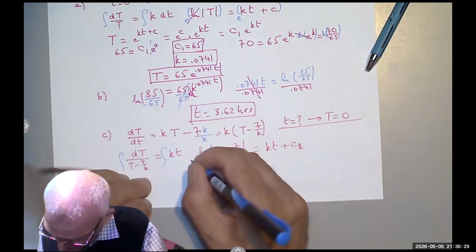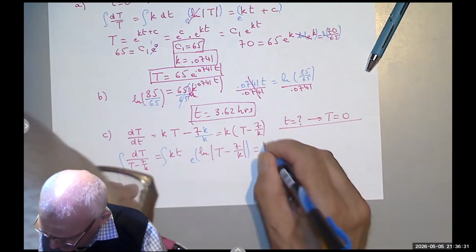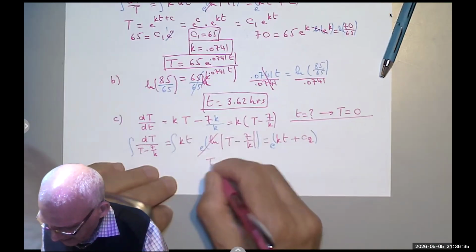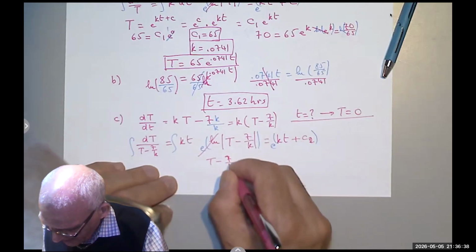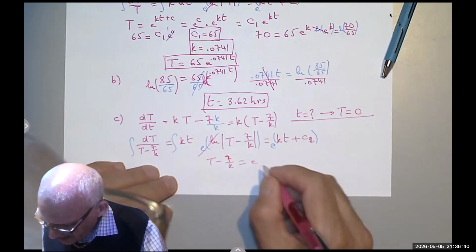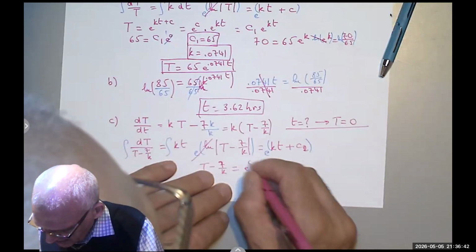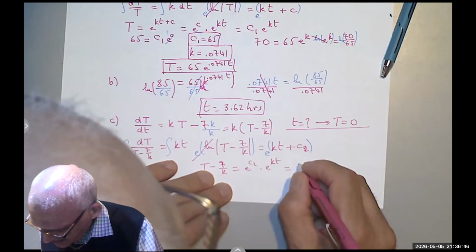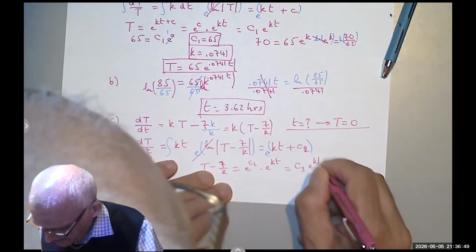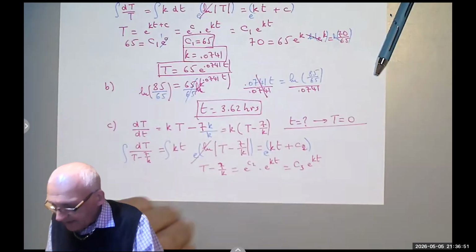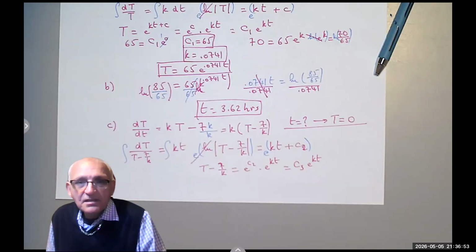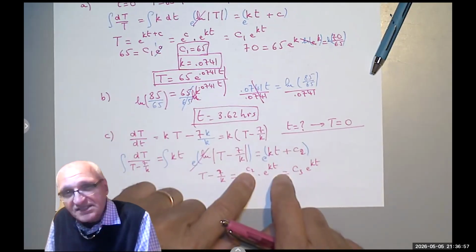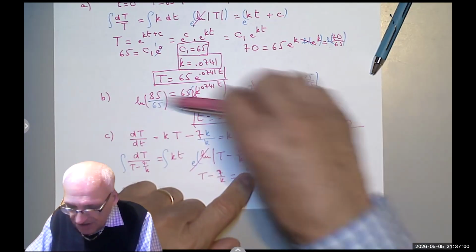Then I'm going to exponentiate like I did before. So I get T minus 7 over k equals e to the C2 times e to the kt equals, say, C3 e to the kt. Now I need to find C3. What do I do? At t equals 0, it's not really 0. It's after we reach 85.